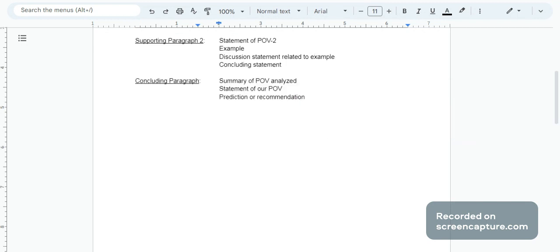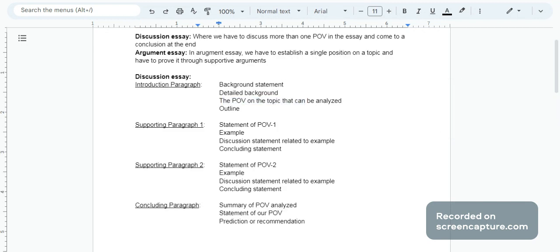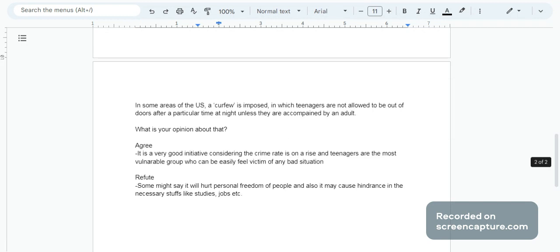If I want to talk about the POVs that can be analyzed, I'm just going to say that in some areas a curfew is imposed in which teenagers are not allowed to be out of doors at a particular time unless they are accompanied by an adult. So we're going to restate this in our introduction paragraph after the background is done.